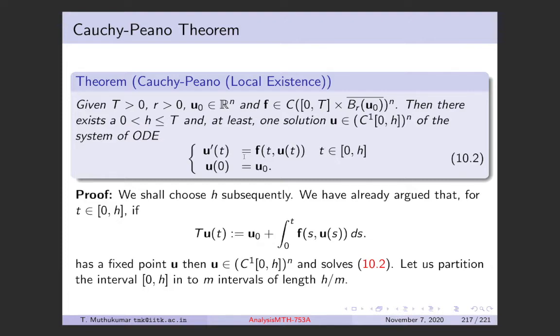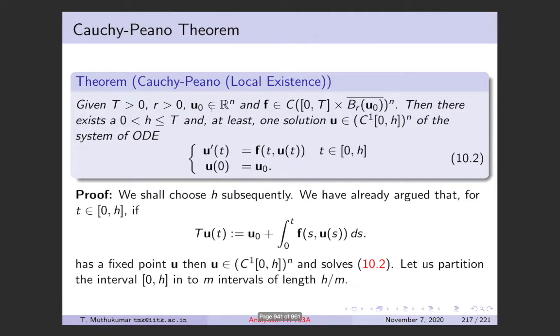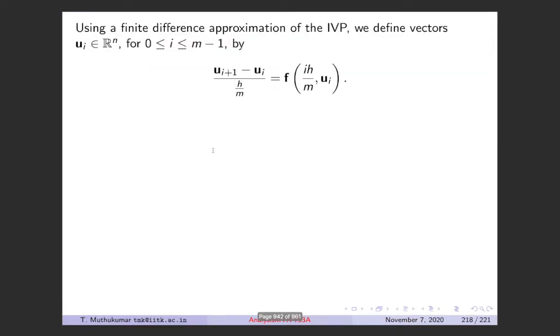If you have seen Euler's method, that is the idea being used in this proof, that kind of approximation. So we partition this, and we do a finite difference approximation of the initial value problem. So what is the finite difference approximation? This derivative is now written in the sense of finite difference.